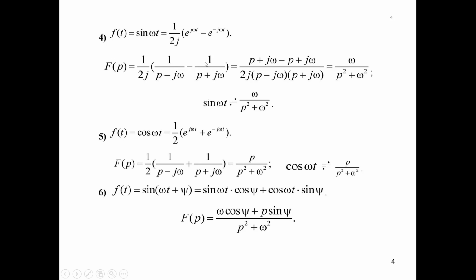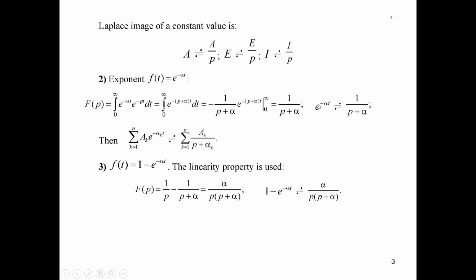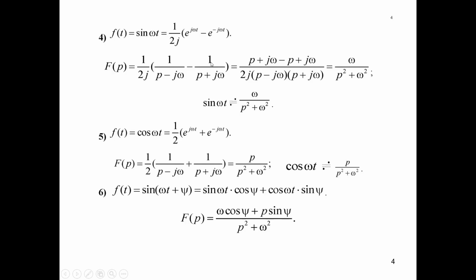And next, for the second exponential, its image will be 1 over p plus alpha, where here alpha is j omega. So we have such an expression, and we can simplify it by writing the common denominator.